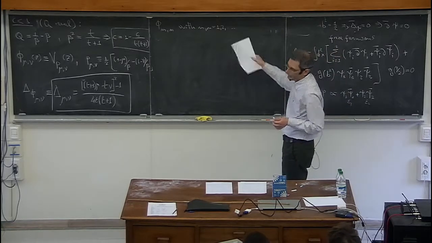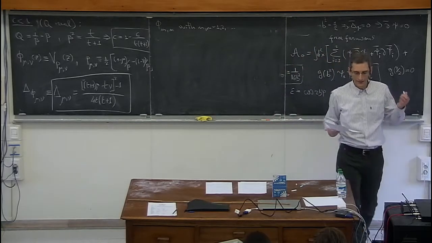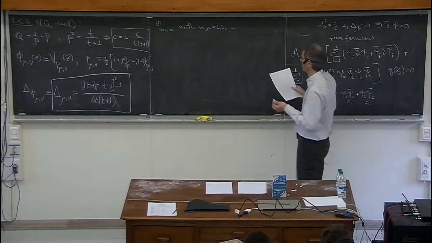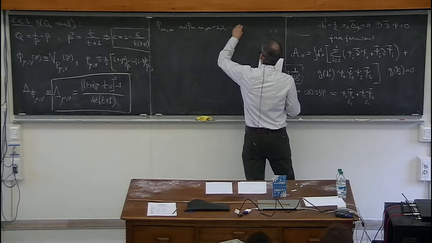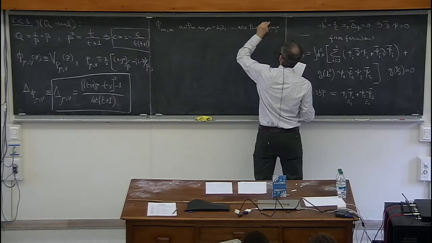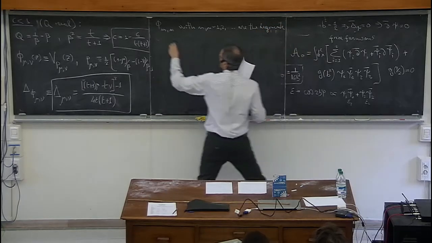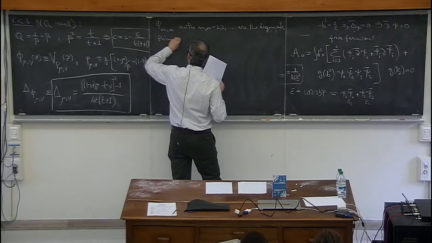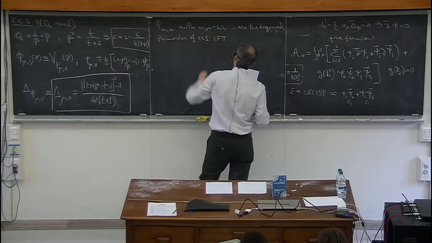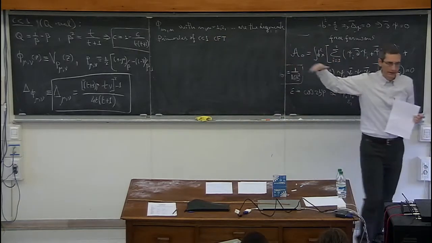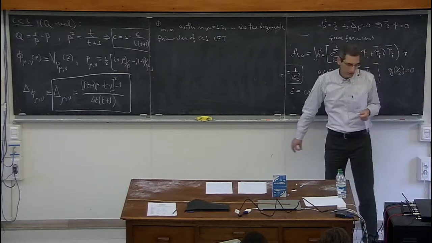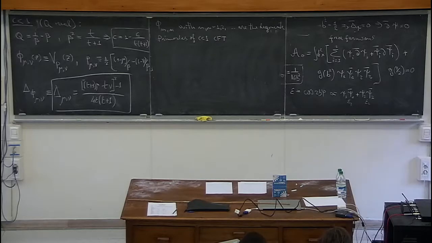These happen to be precisely the degenerate primaries of C less than 1 conformal field theories. Of course, I'm not proving this. This is the result that you get when you study the representations of the Virasoro algebra for C smaller than 1.